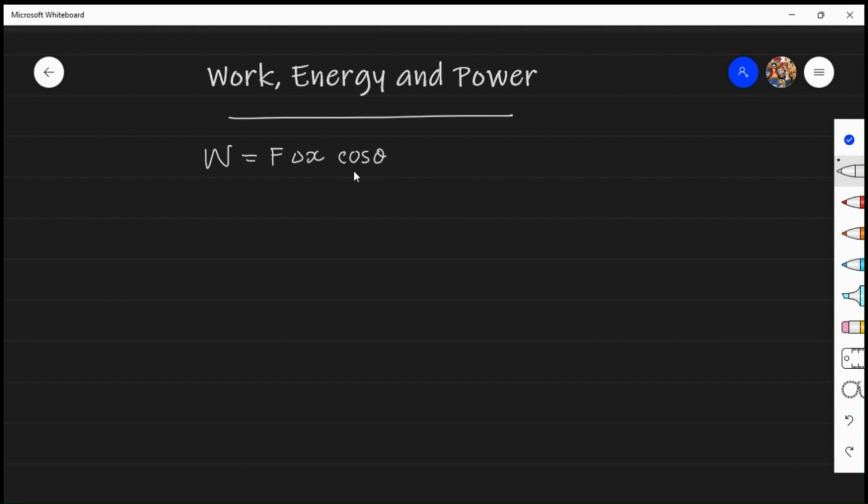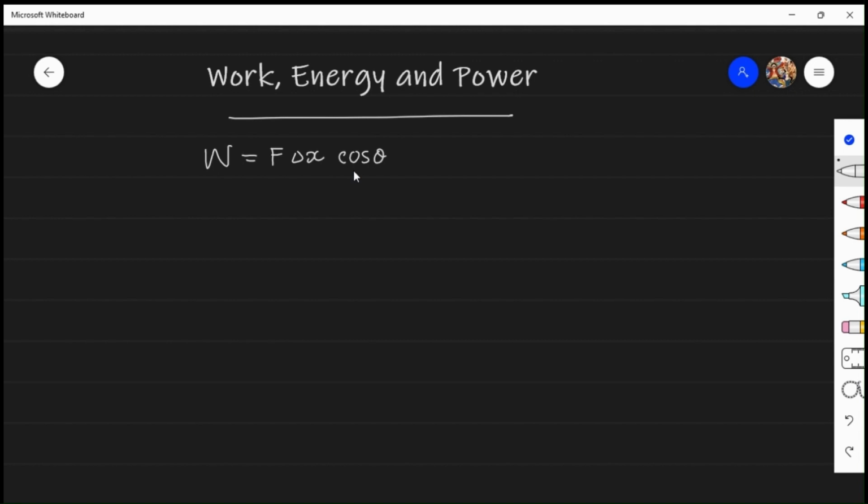That W represents the work done on an object. F represents any force. We can have applied force in there, gravitational force, normal force, frictional force, or even tensional force. Whereas displacement represents the change in position of the object or the distance that that object covers.